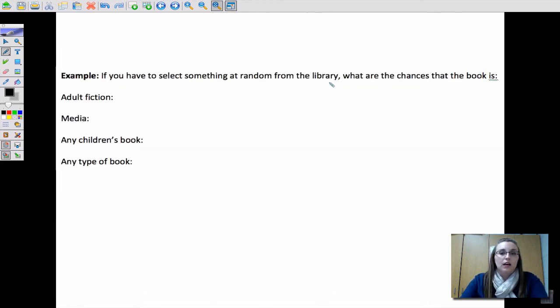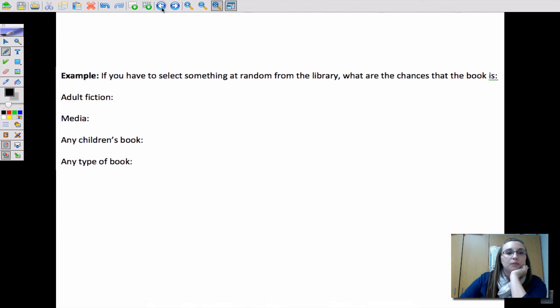Okay, we can also go back and talk about probabilities. If you have to select something at random from a library, what are the chances that the book is each of these things? We're just going to use the percents, because selecting something at random, percent of the whole is going to tell us the probability for this type of thing.